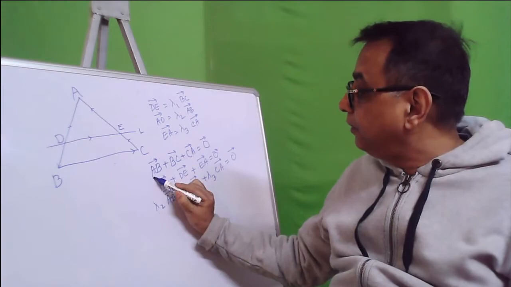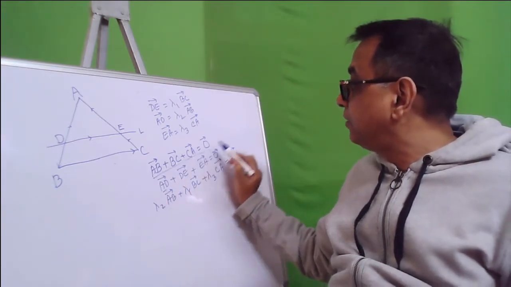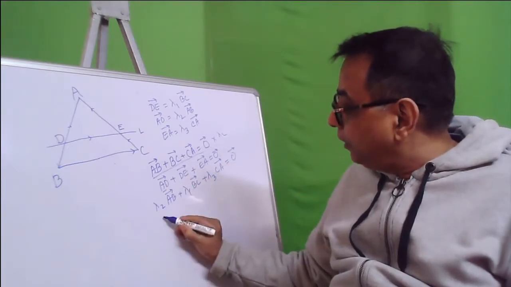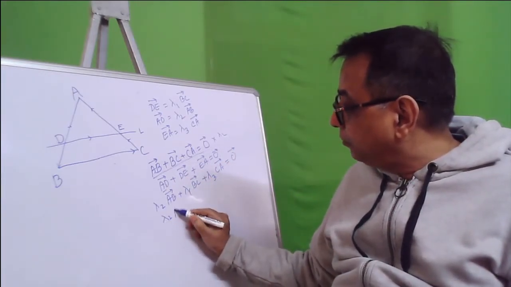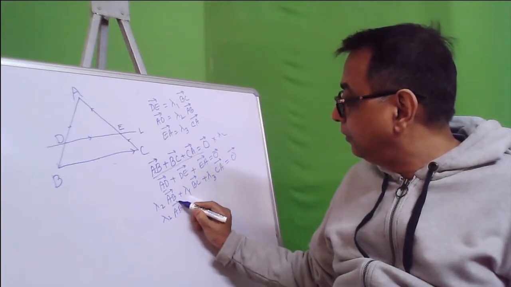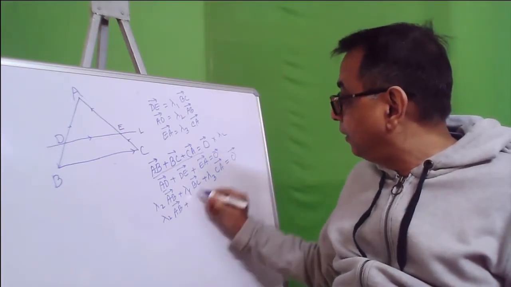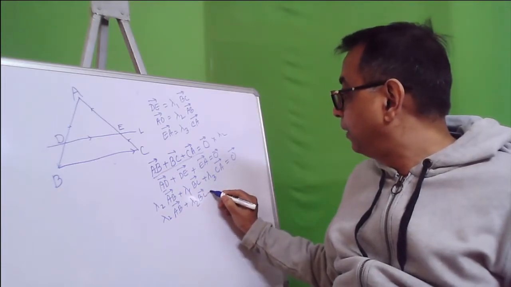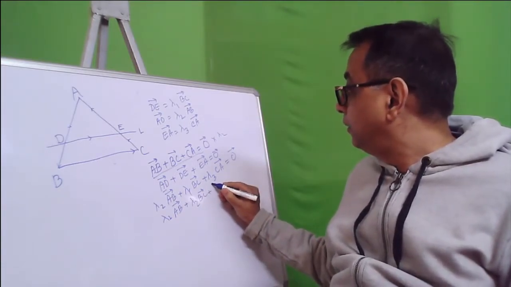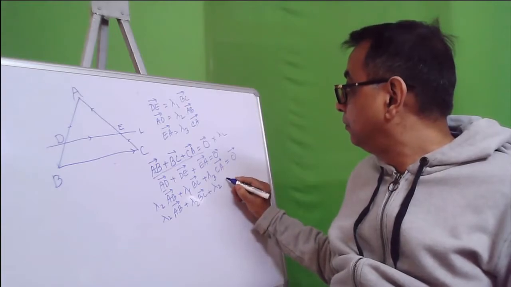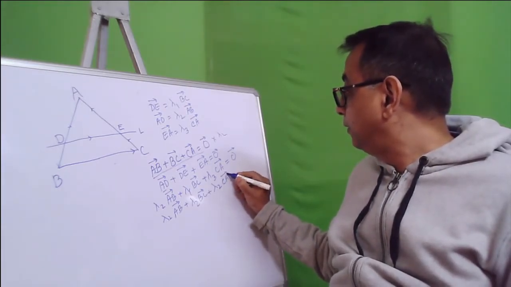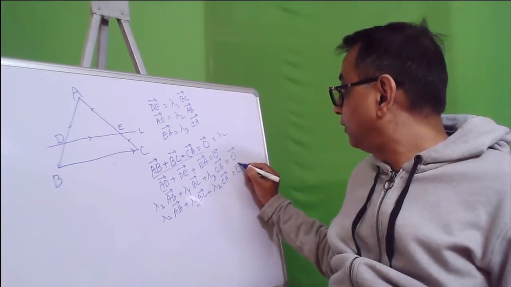And if I multiply the first vector equation by lambda 2, what will I get? I'll get lambda 2 AB plus lambda 2 BC plus lambda 2 CA is equal to a zero vector.